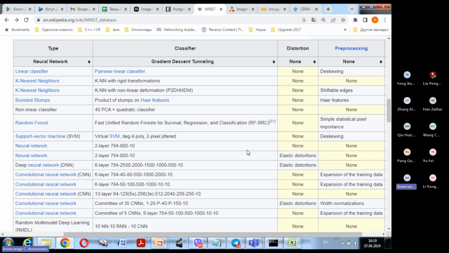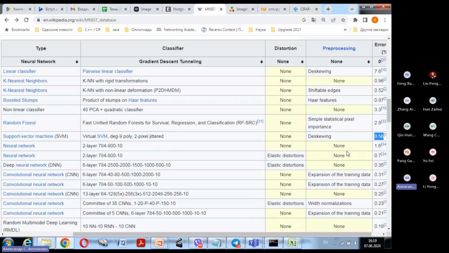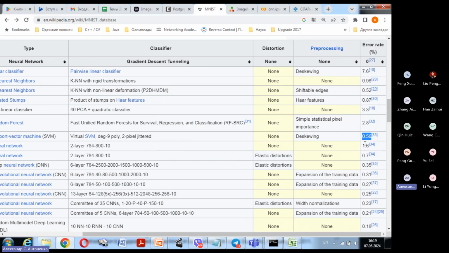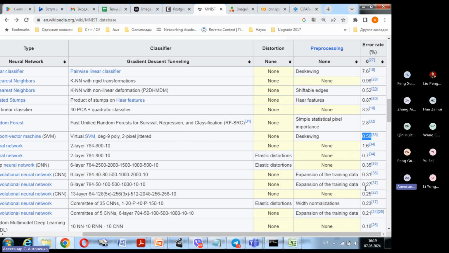But we can use neural networks. If we use shallow neural networks, two-layer networks, then we have even worse results. But if we use deep neural networks, and especially convolutional neural networks, results will be much better. So you can see that results of deep learning algorithms are better even on this simple dataset. For bigger datasets, the more pictures we have, the better deep learning works. So deep learning works well for big data.